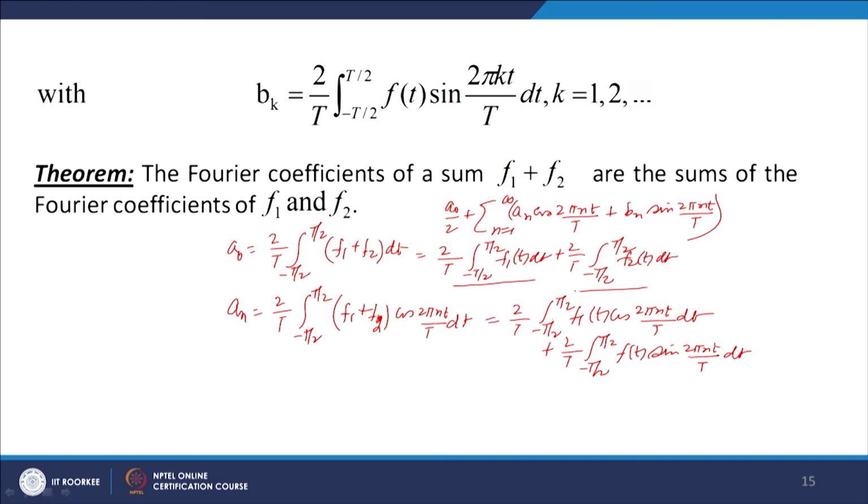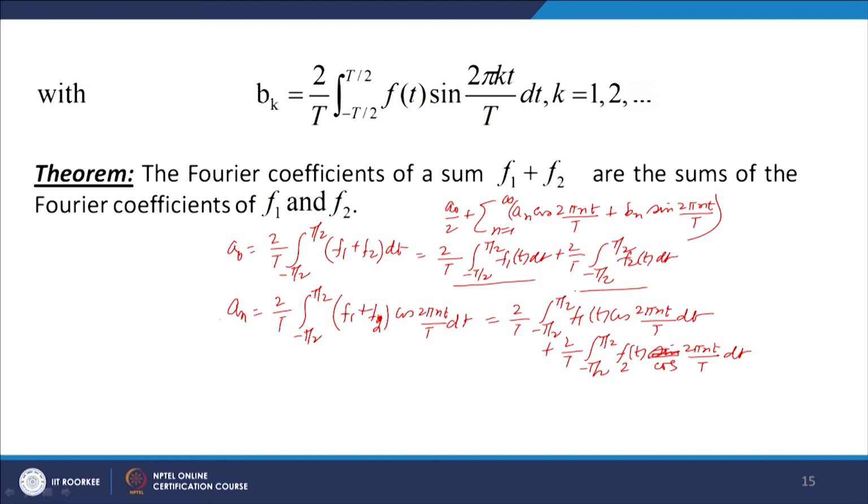This is Euler's formula for f1, the coefficient of cos(2 pi n t by T) in the Fourier series of f1(t), and this is the coefficient of the cosine terms in the Fourier series for the function f2.